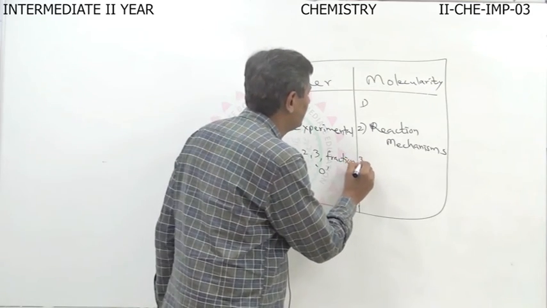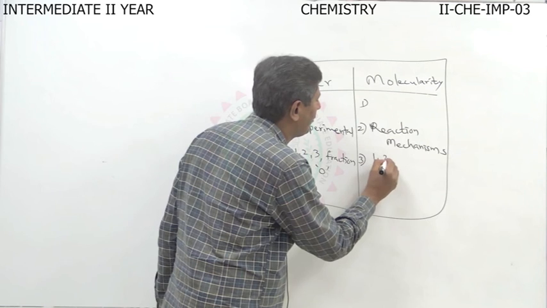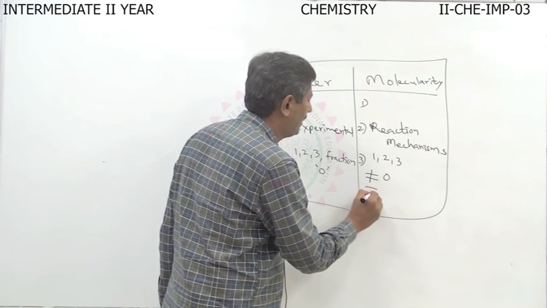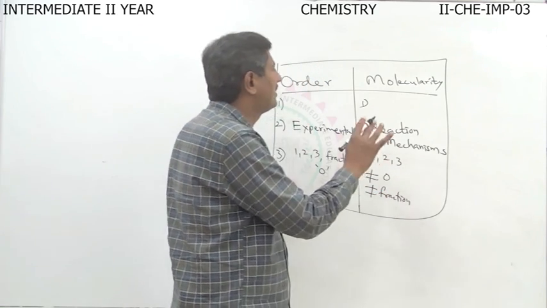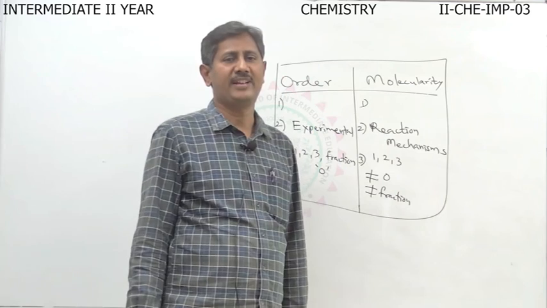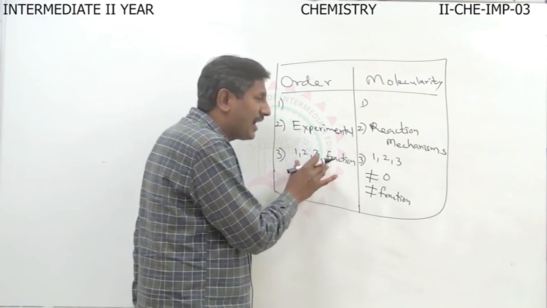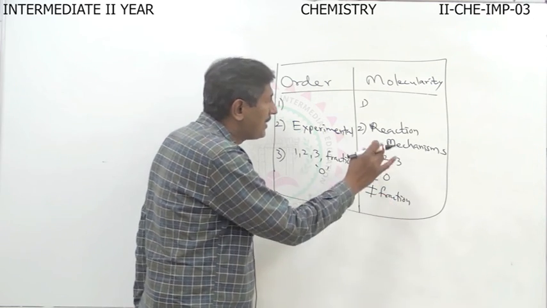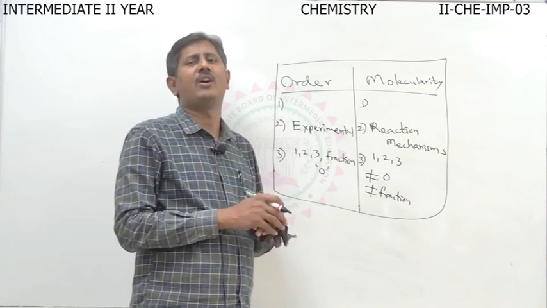And the values of molecularity are only 1, 2, 3; it is not 0 and not a fraction. So these are the differences between order and molecularity of a reaction. Molecularity belongs to the elementary step, and order belongs to the overall rate law. This is about the differences between the order and molecularity.